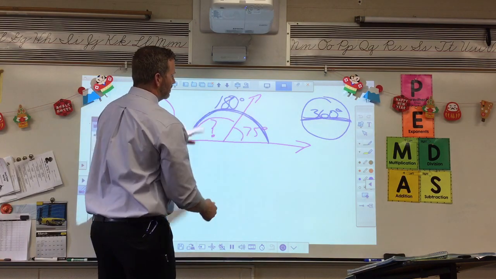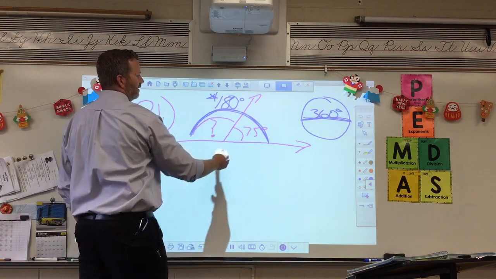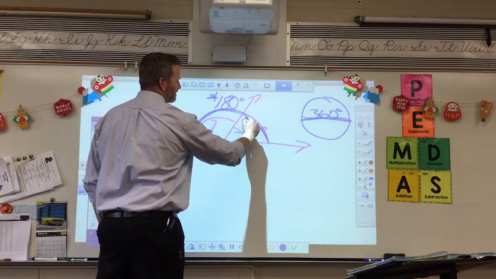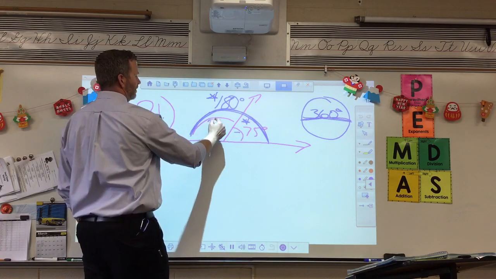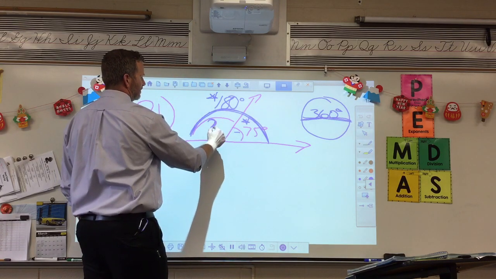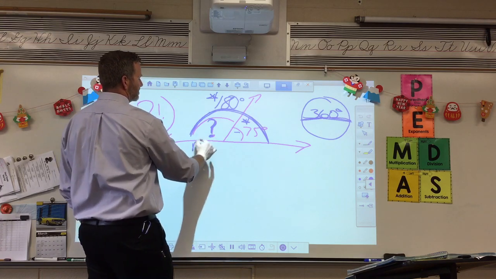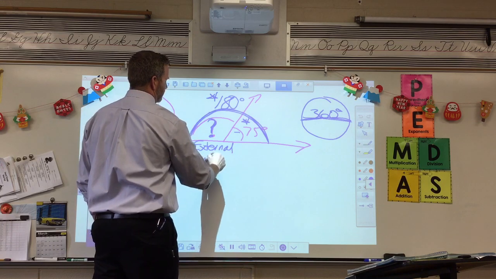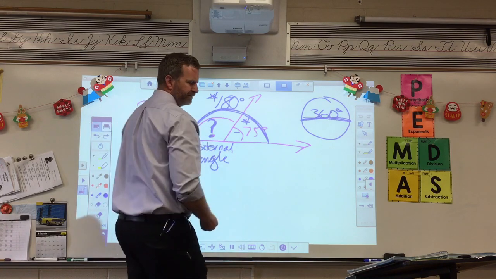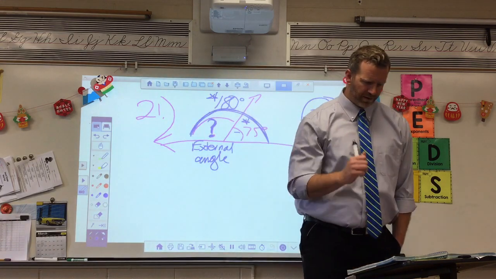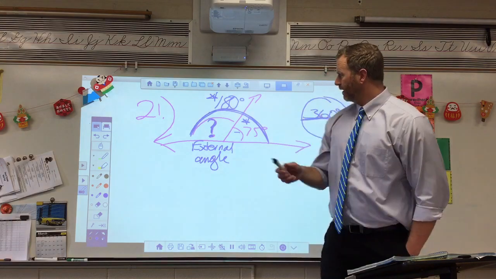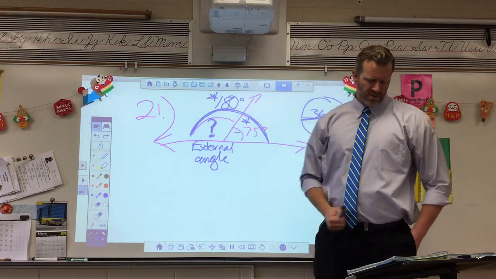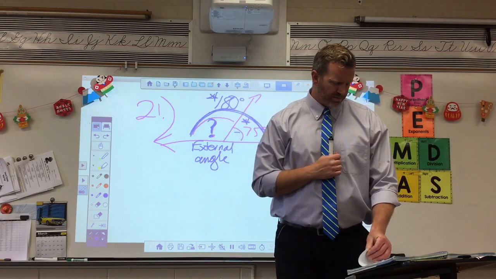So I'm going to use this number minus this number to find out what our answer is. This is called the external angle right here. External angle. Sweet. Hopefully we should have that now. Awesome, awesome, awesome.